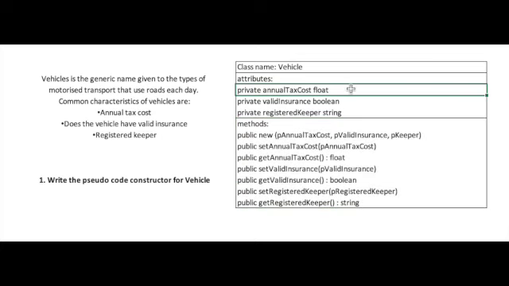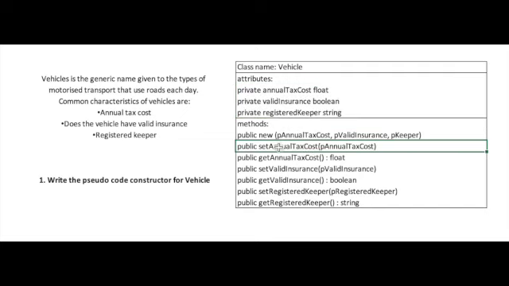Notice that each of the attributes has been identified as being private. This promotes encapsulation, which means that they are only visible and accessible by using accessor and mutator methods within the class itself. So if we have a look at these two methods here, we have set annual tax cost.